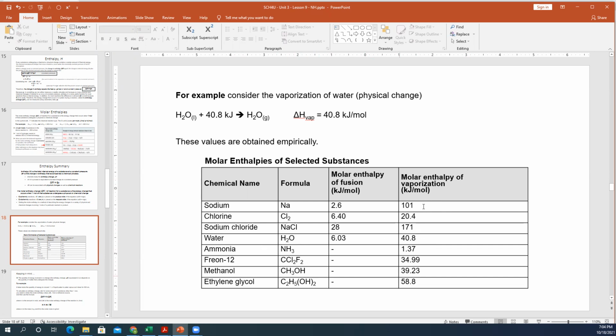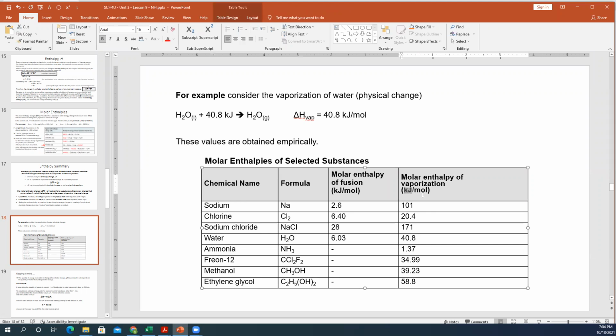So you just have to be very clear what values and what type of reaction this is for. And you also know that for molar enthalpies, it's not just kilojoules, but kilojoules per mole is the unit. That's the other very important thing to remember.